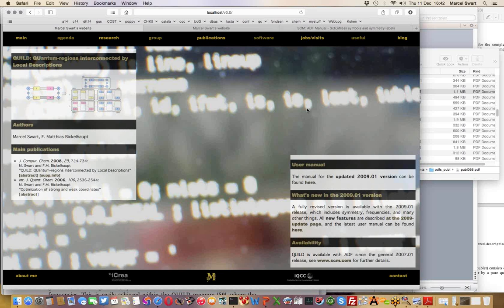Thank you again, Marcel, for a whirlwind tour of the capabilities of QUILD. It was also good for me to see that even the most experienced users will sometimes have to do things over again, which was reassuring. But it was also good to see how easy it actually is to set up these types of calculations and to start running them.